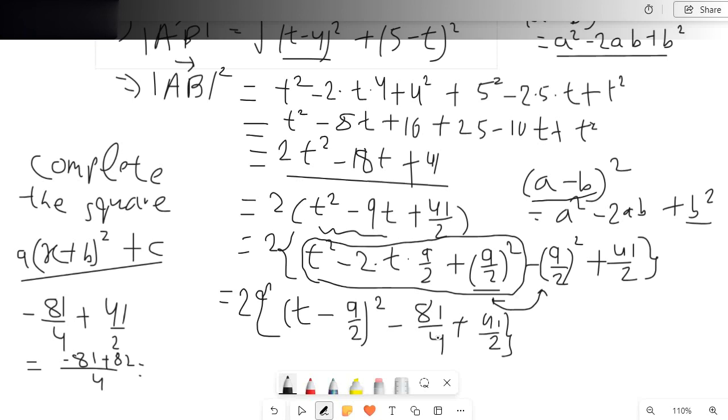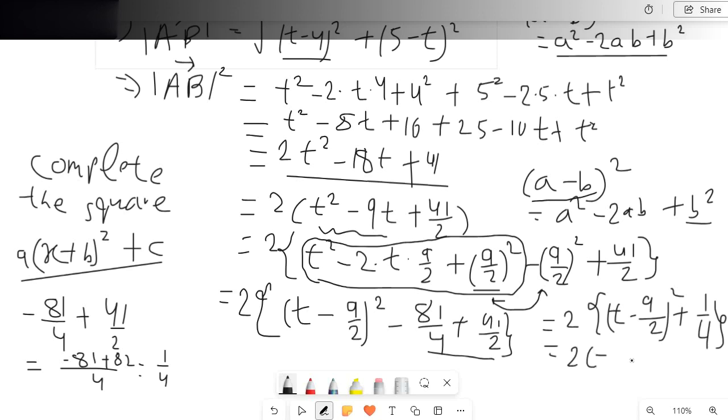So this thing becomes 1 by 4, and so the answer is 2 whole multiplied with (t minus 9 by 2) whole squared plus 1 by 4, and so multiplying both sides with 2 we get 2 into (t minus 9 by 2) whole squared plus half, and so the minimum value of d square is half.